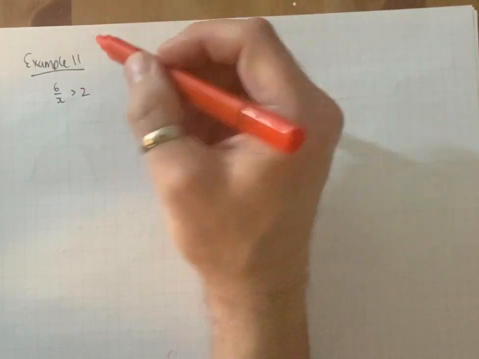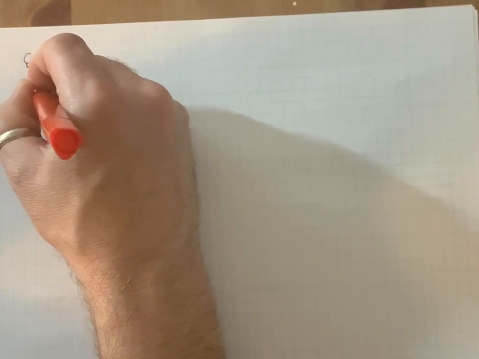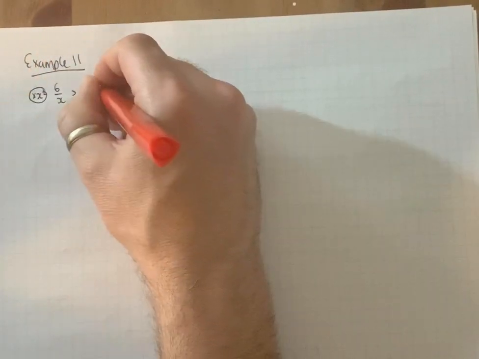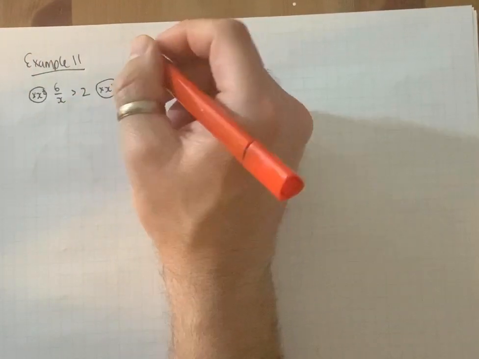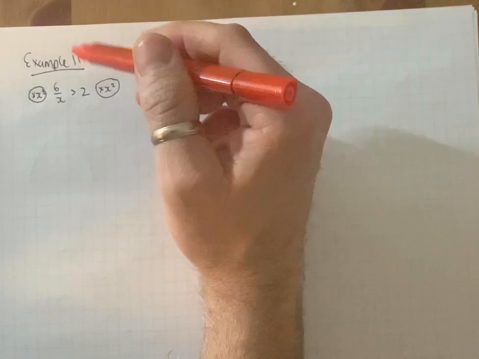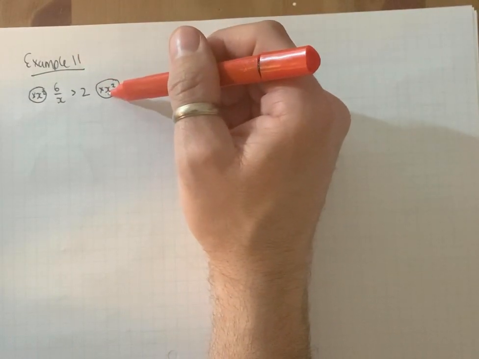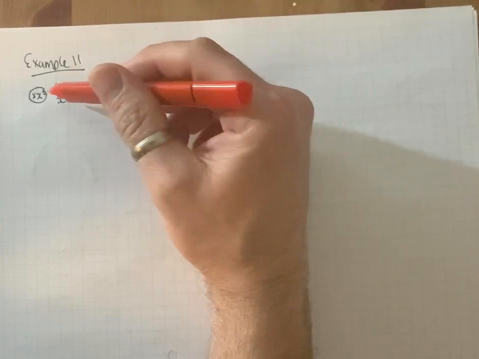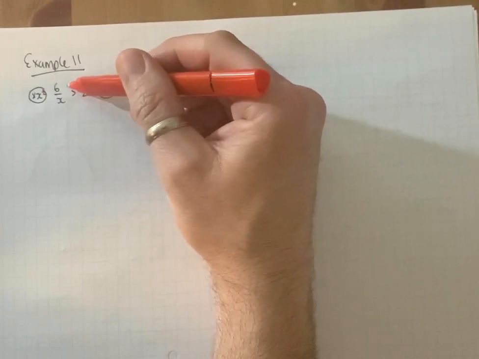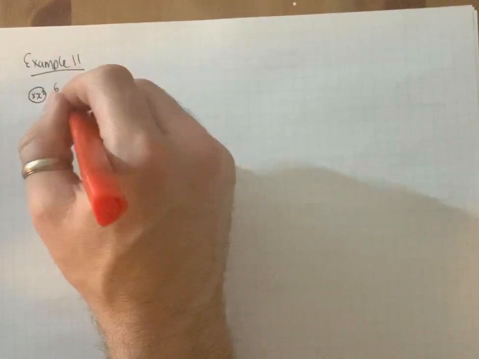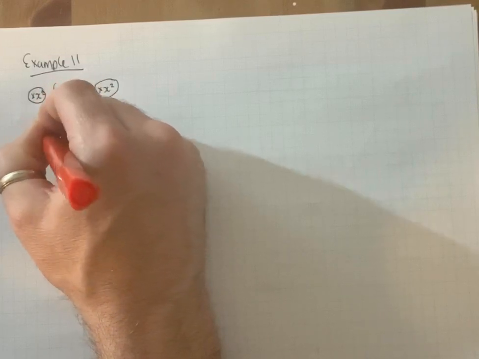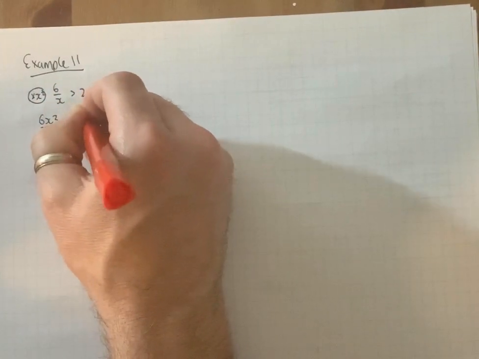So what we have to do, sneakily, is to times both sides by x squared. The reason you can times both sides by x squared is because it doesn't matter now whether x was positive or negative. X squared is definitely positive, so the inequality is going to stay the same. So we're going to end up with 6x squared over x is greater than 2x squared.